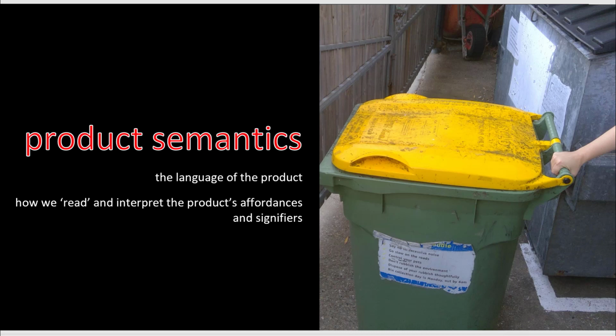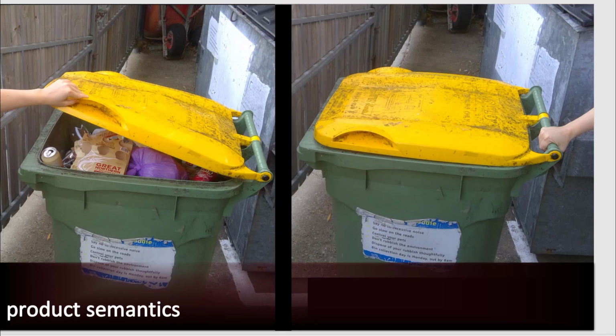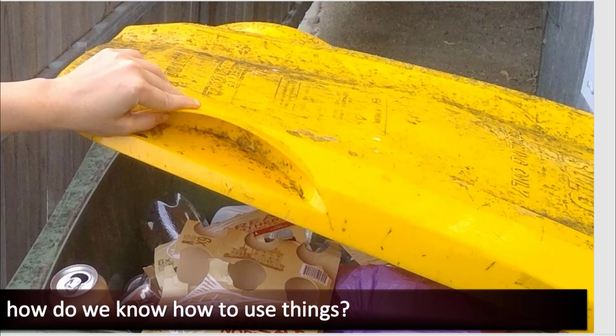When we're designing for ergonomics, we look for something called product semantics. That is the language of the products, how we read and interpret the product's affordances and signifiers. In this example of the bin, you can see here we're considering how do we know how to use things. Here's a handle that suggests when we see it that we could use that to lift the lid.